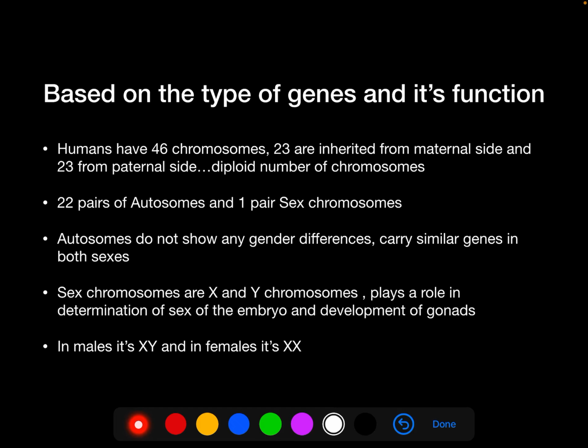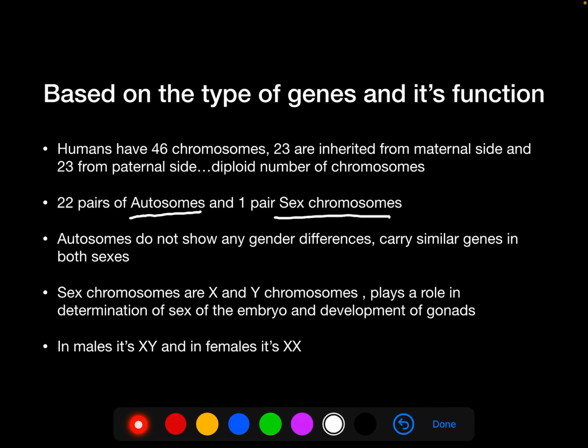Based on the type of genes and the function of those genes, we can classify the chromosomes into autosomes and sex chromosomes. There are 22 pairs of autosomes. These autosomes carry similar genes in both the sexes, so they do not show any gender differences.